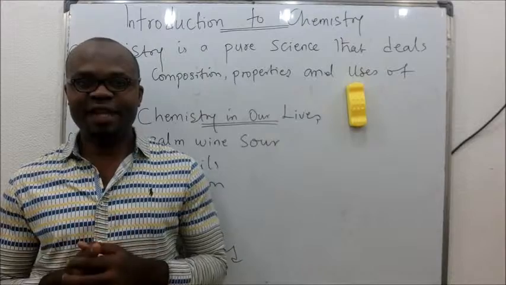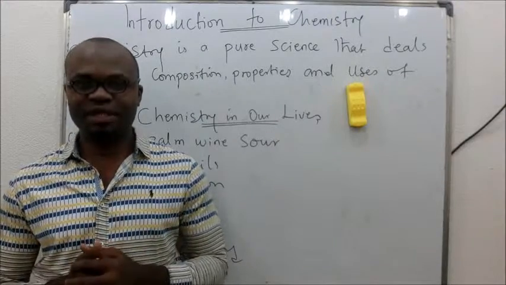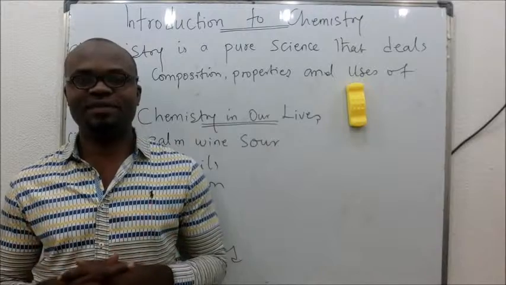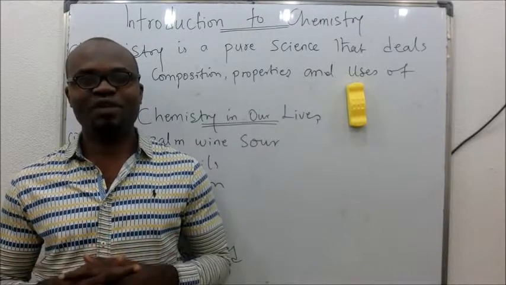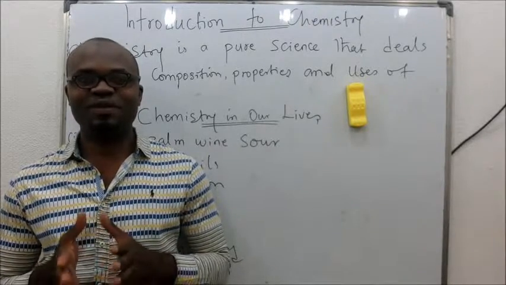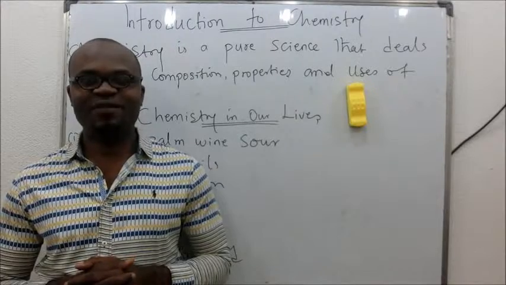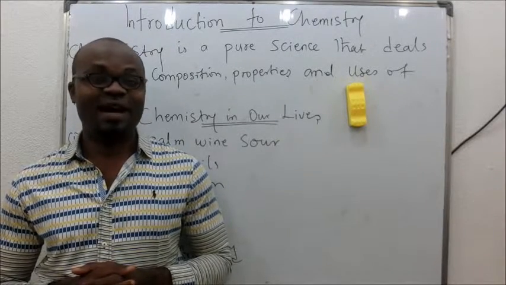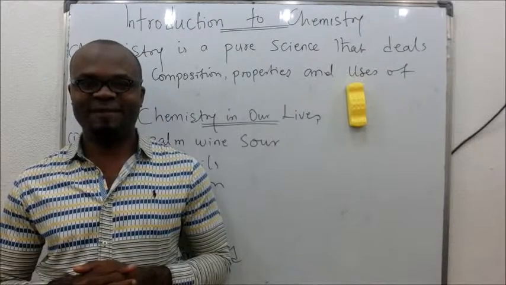In our everyday life, we encounter chemistry, and that is why chemistry is very, very important for us to study. Chemistry is one of the pure sciences that we are supposed to study if we are to be writing WAEC, NECO, or JAMB. The others are biology and physics.